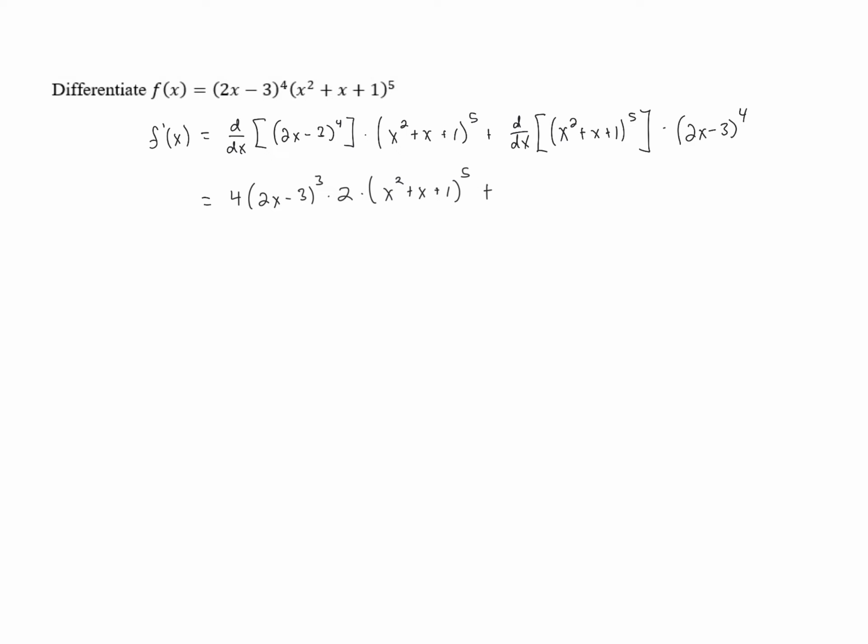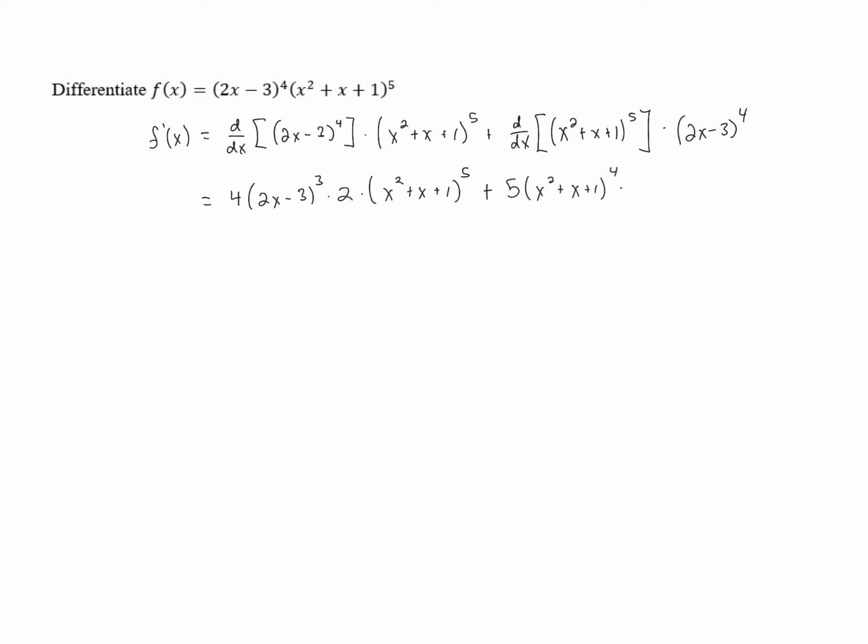And then plus, we've got to use the chain rule again for this second part. The derivative of u to the fifth power is going to be 5u to the fourth. So we've got 5 times (x squared plus x plus 1) to the fourth times the derivative of the inside.